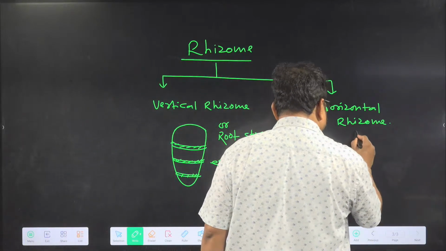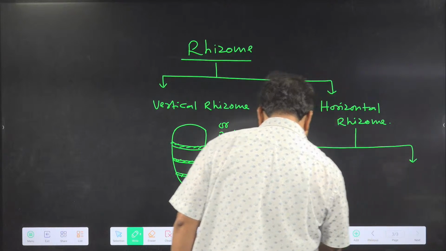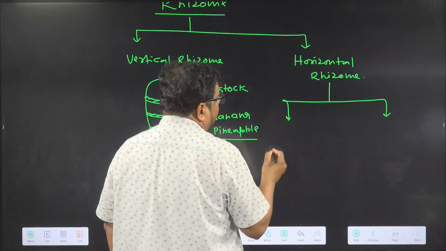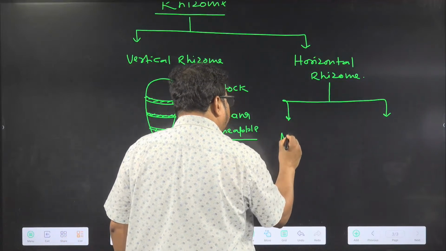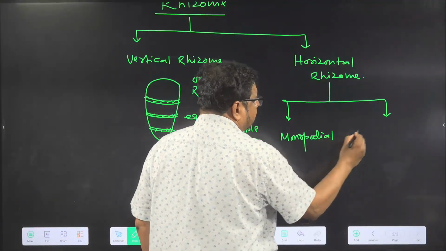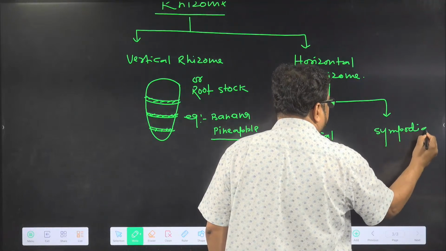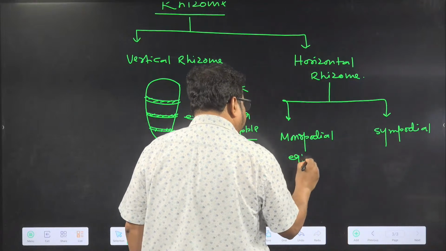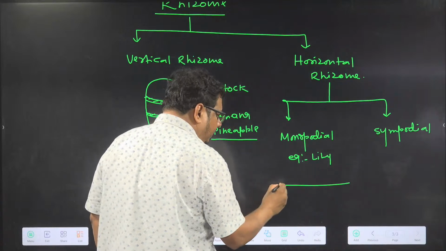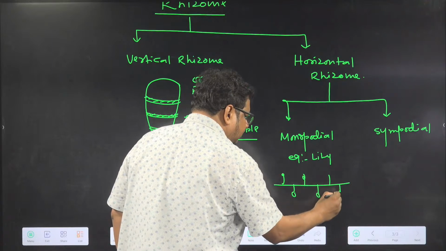Now horizontal rhizome, listen patiently for 2 minutes. I am not teaching out of NCERT; I am teaching a few lines to clarify something. Horizontal rhizome is of two types, monopodial and sympodial. The monopodial example is lily. In monopodial, this is the main stem and these are the branches.